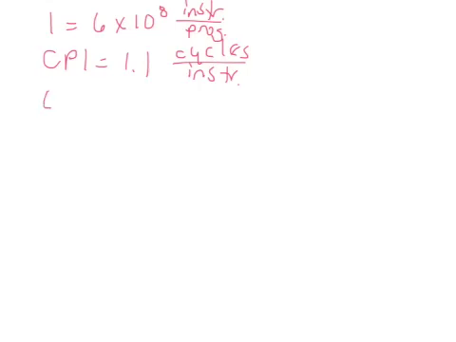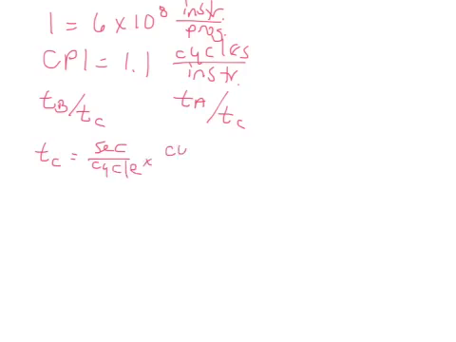So we want to know what is the time to run C compared to B, and what is the time to run C compared to A from part A. So we have to get TC, which would be, again, the number of seconds for a cycle times the number of cycles per instruction times the number of instructions in the program.